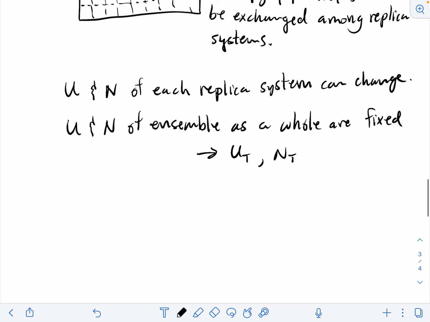Okay, so let me just write down this modified first law of thermodynamics again. dU is TdS minus PdV, and the new term is mu dN, this chemical work.